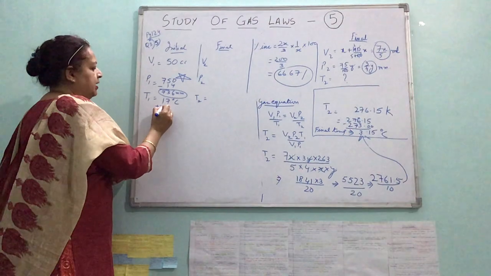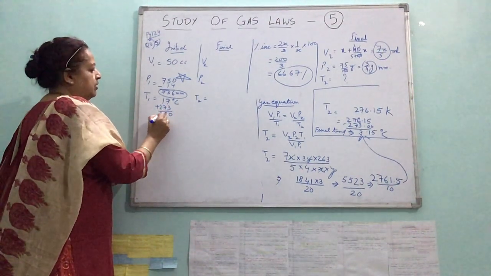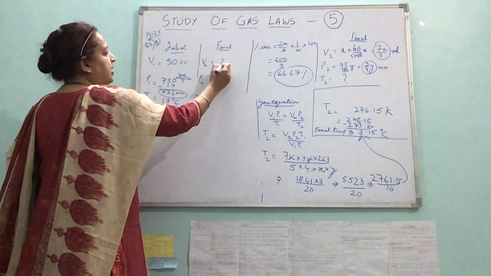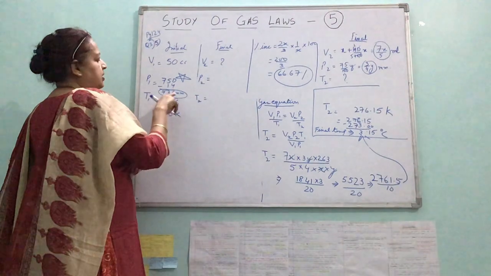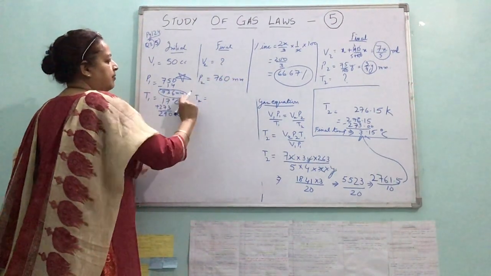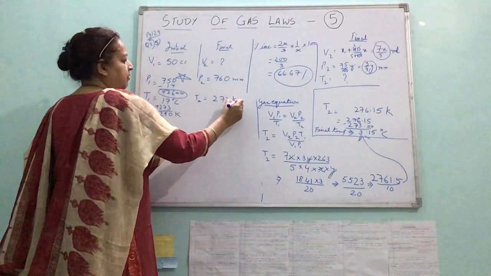I will add 273, 290 Kelvin. We have to find volume at STP, standard pressure and temperature. Standard pressure 760 millimeter, same unit, and temperature 273 Kelvin.